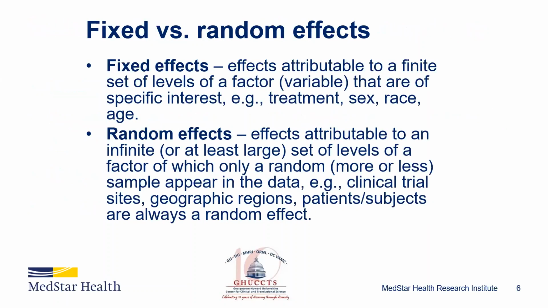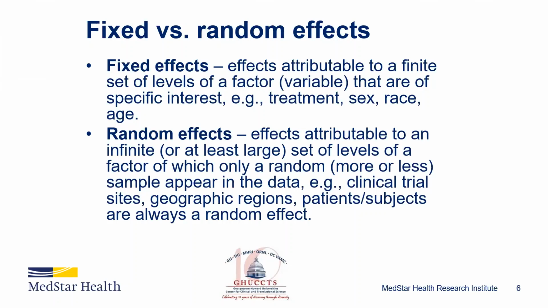A very important concept in meta-analysis is the idea of fixed versus random effects. What we mean by fixed effects is that the effects of a treatment on some outcome are attributed to a finite set of levels of a factor or variable that are of specific interest.